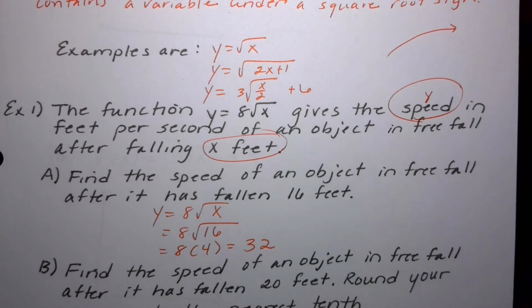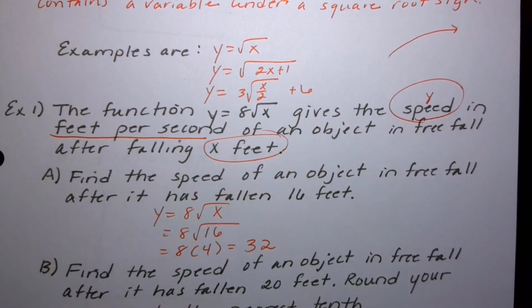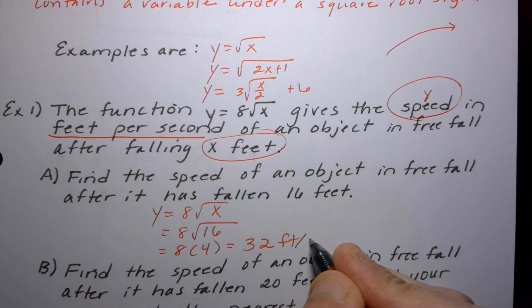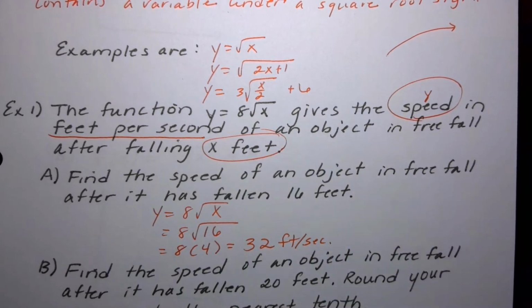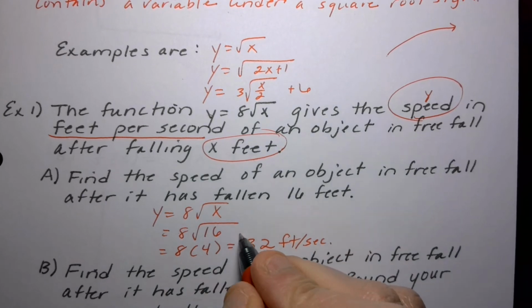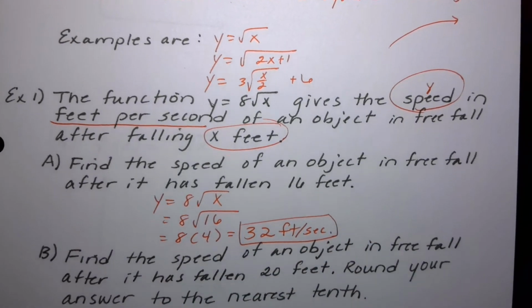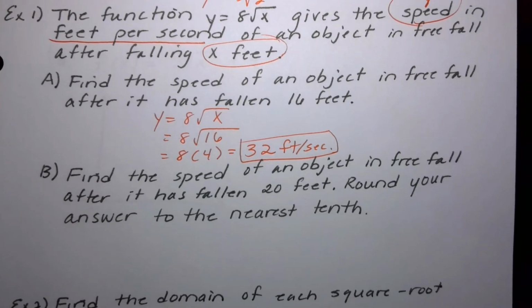You notice it says speed. Feet per second. You can abbreviate that like that. The slash is per. So feet per second. All done. Okay, another one, I'd again recommend just pausing the video, doing it, and making sure yours line up with mine.